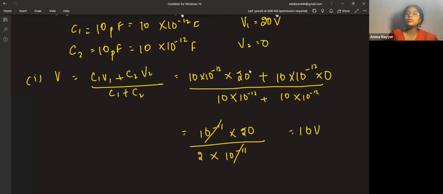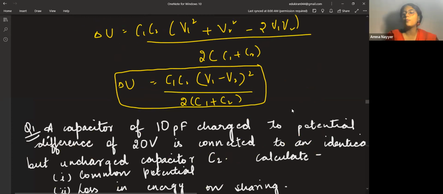Yes, the second part was loss of energy. This was the formula which we had discussed in the last class. Delta U is C1 into C2 multiplied by V1 minus V2 whole square, divided by 2 into C1 plus C2. Now let us put it in here.